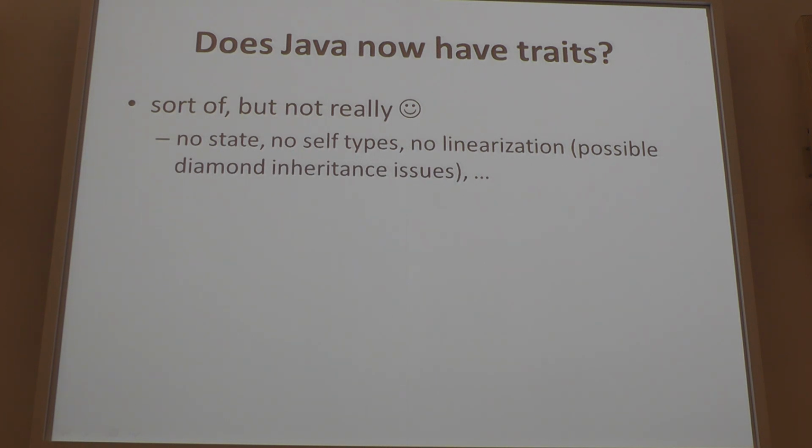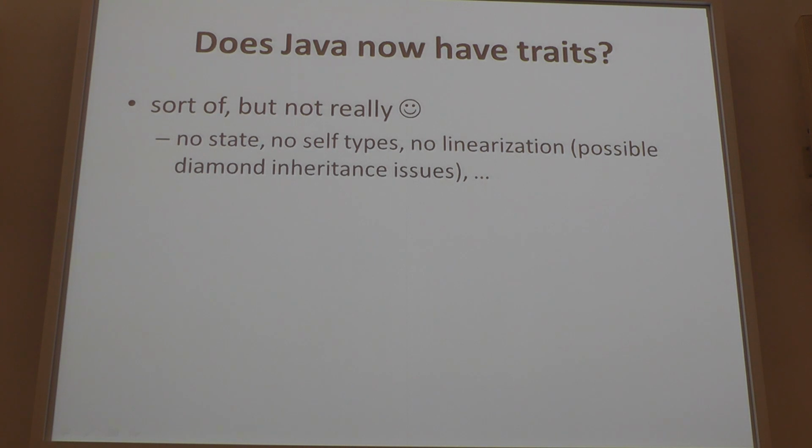Also, you don't have linearization of classes in inheritance, because what happens if in your class you implement or extend two interfaces that have the same method? In Scala it gets resolved, but you can have the classical problems that come with this.